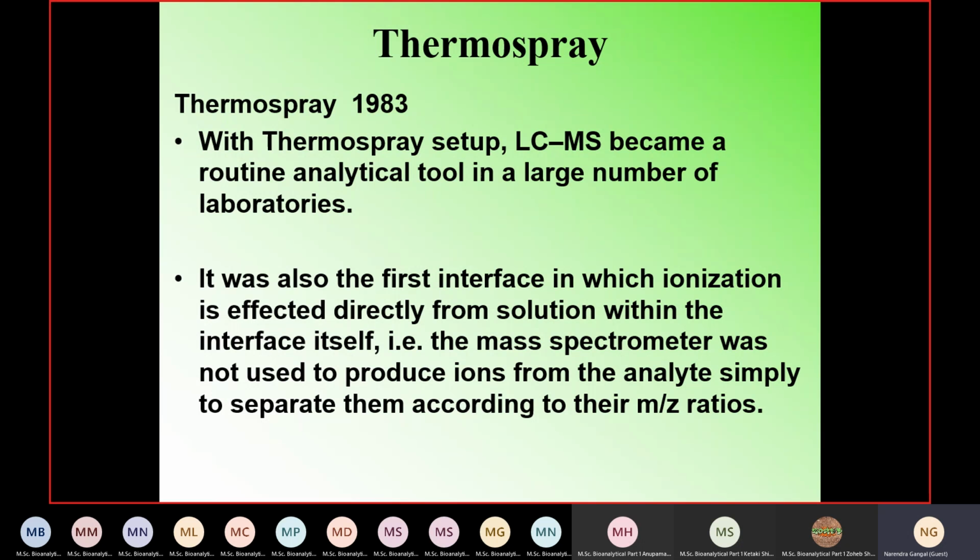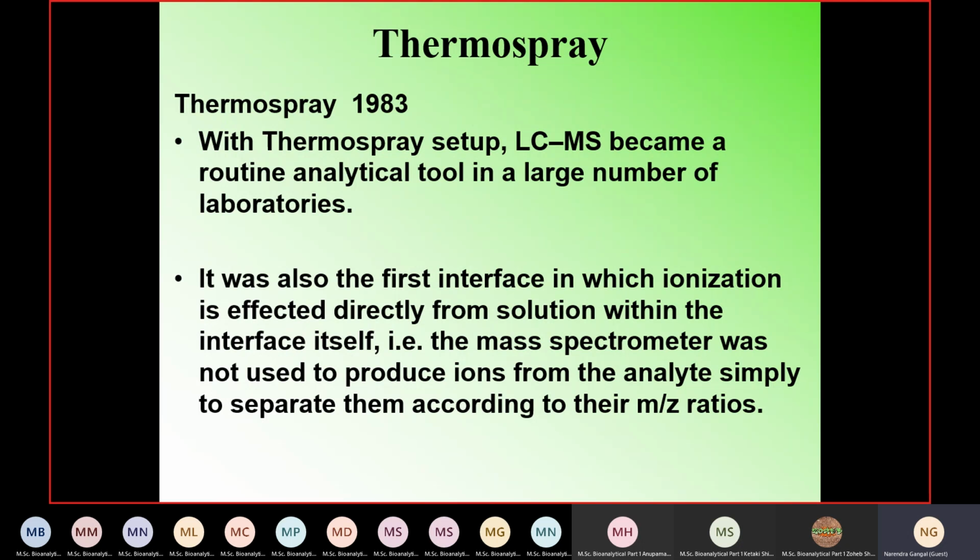Through this injection valve you are going to have the injection of a sample, then subsequently that injected amount is carried forward by your solvent which is flowing to the column portion. Then the column separates your components of interest, and then the column throws all those components one by one to the detector portion.